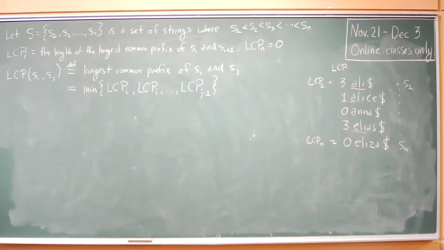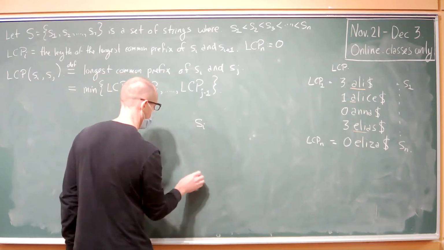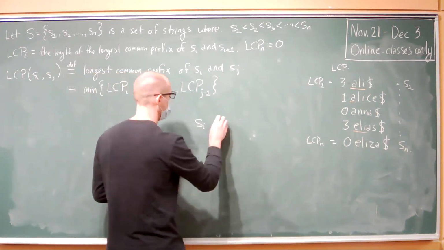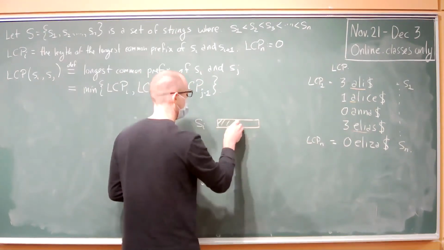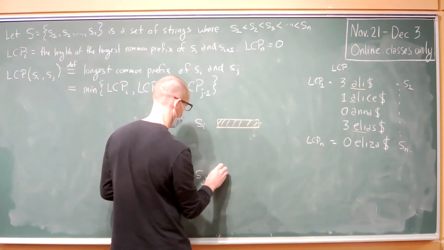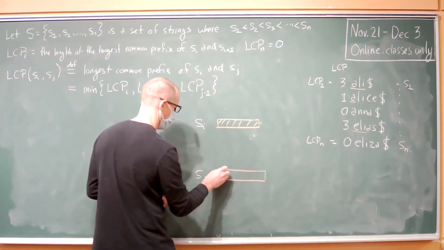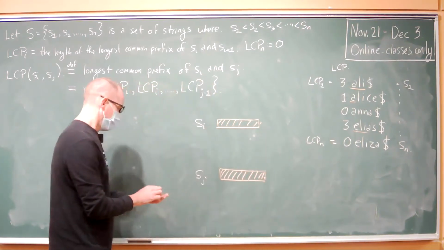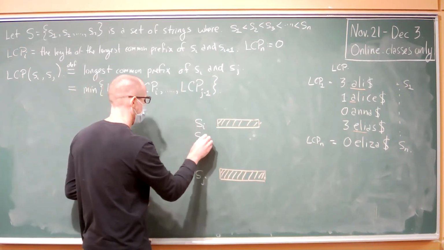Okay. Right, so just think about that. I have Si and Sj, and if I tell you that those things agree on this many first characters, well, here's Si+1.